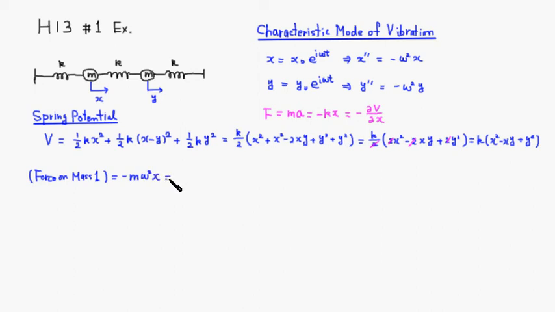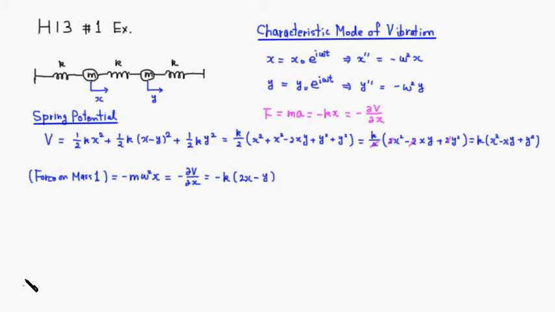And this is equal to the negative of the partial of the spring potential with respect to x. So let's do that. You have a negative k, just a constant multiple, and the partial of this with respect to x is going to be simply 2x minus y.